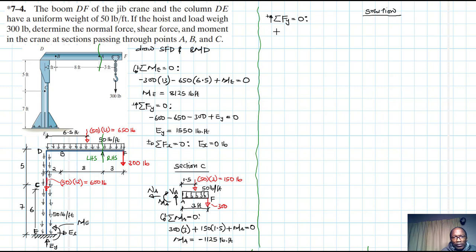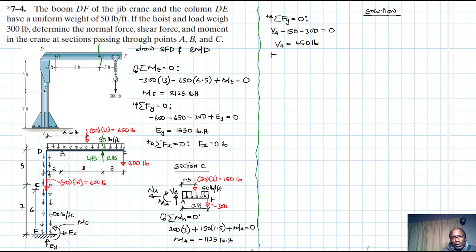So we have VA minus 150 minus 300 equal to 0, and therefore our VA is just going to be equal to 450 pounds.